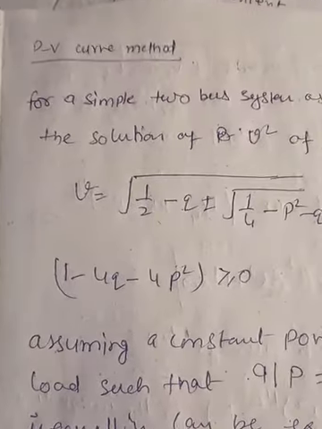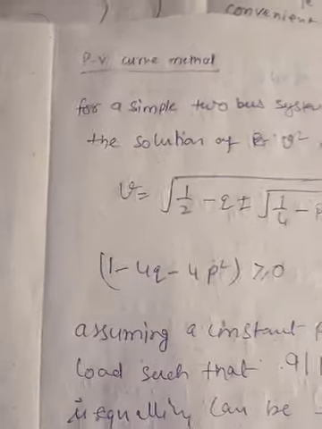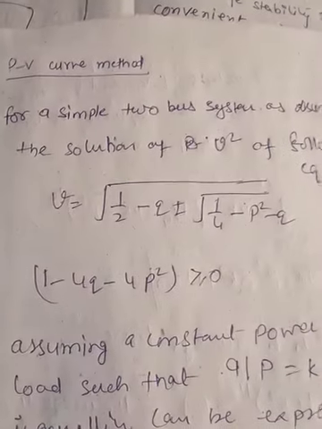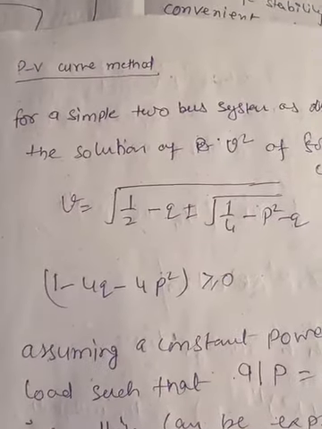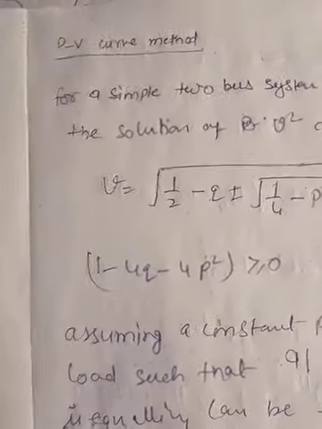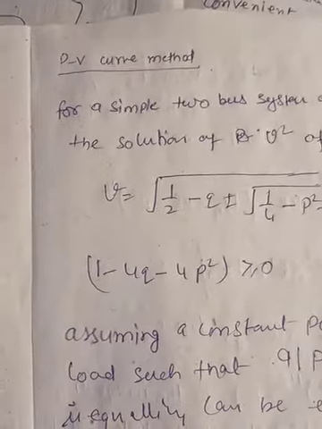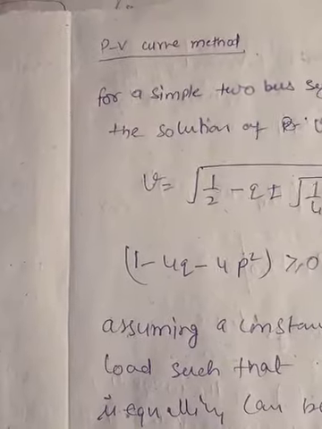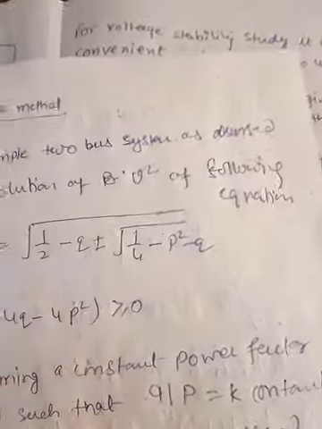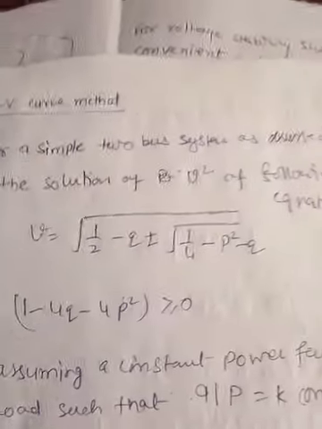For a large mesh network, P can be the total active load in the load area and V can be the voltage of the critical or representative bus. The real power transfer through a transmission interface or interconnection can also be studied by this method. So this is the benefit of the PV curve method.